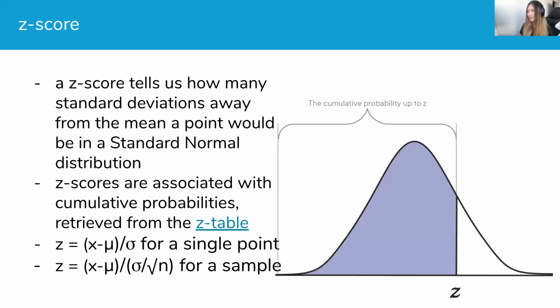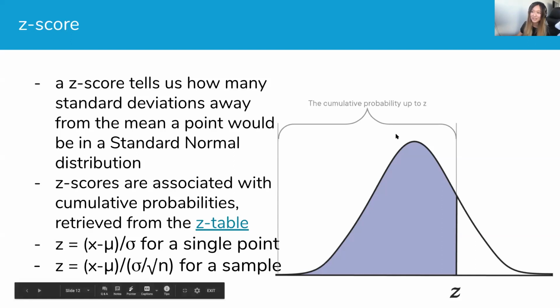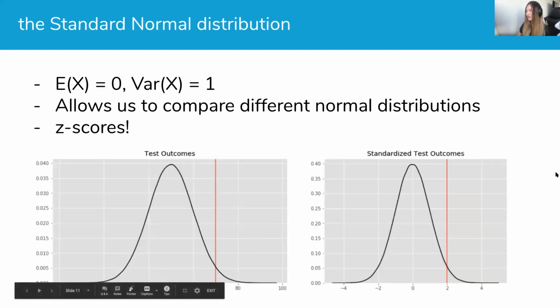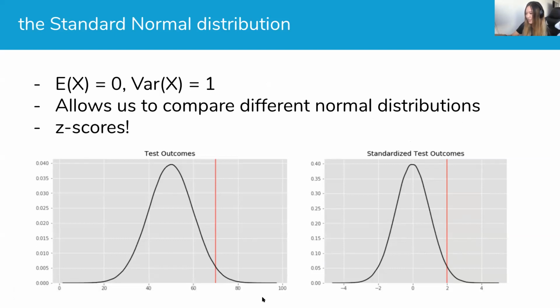All right. So we're going to talk about z-score. A z-score tells us how many standard deviations away from the mean a point would be in a standard normal distribution. That definition is just one of many definitions, but these are the important parts. These two formulas on the bottom allow you to convert points from this normal distribution to this standard normal distribution. So let's say I have this point where the red line is. This red line is 70.